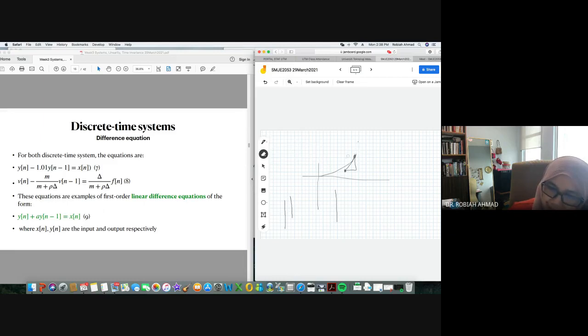Masa kita belajar signal hari tu, T, and then this one is Yn, this one will be N. Okay, so kalau continuous kita dapat macam ni katakan.